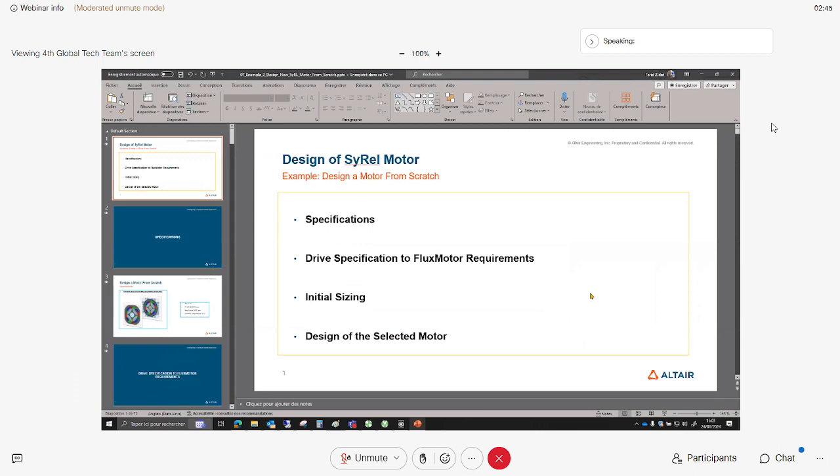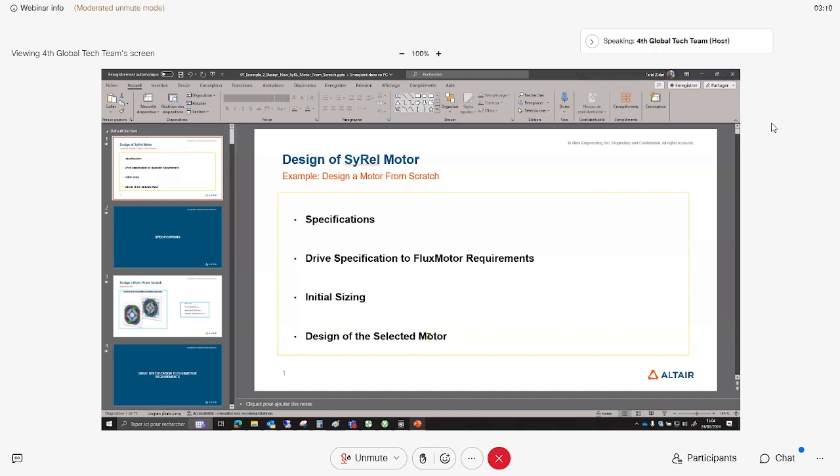Okay, so the example today is about a synchronous reluctance machine. We are going to start from some specification. First, initial sizing to find the diameter, the length of the machine that we need to have, the number of turns, and so on.